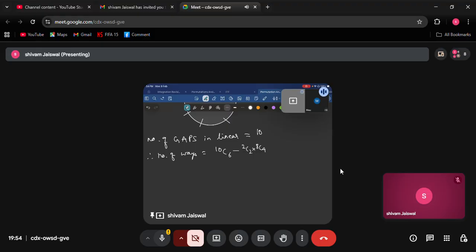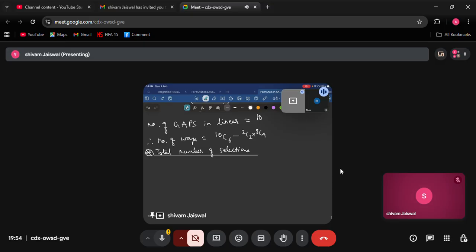Our next topic is total number of selections. So there are many types. Okay, type 1. What is the total ways to select? Pay attention.